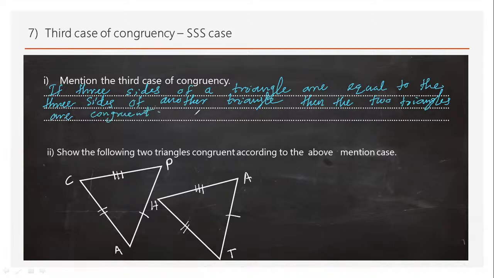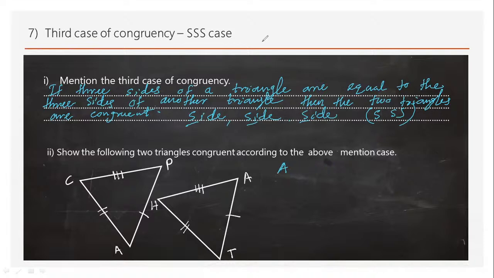So situation: side, side, side case. Then we take S. Here we have to show the congruency. We have to prove this one. First of all, take the two triangles here.